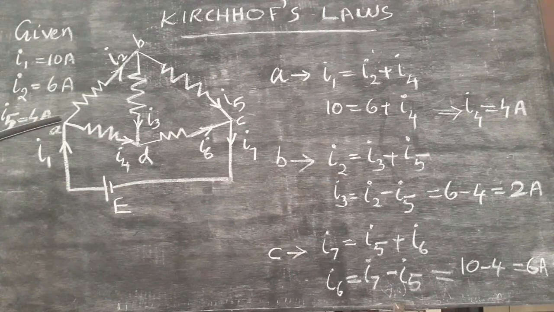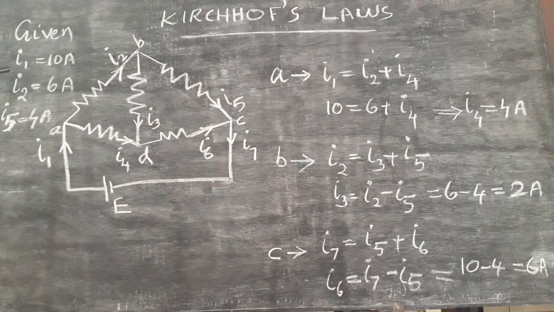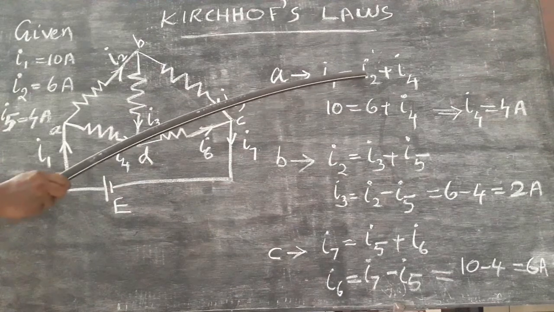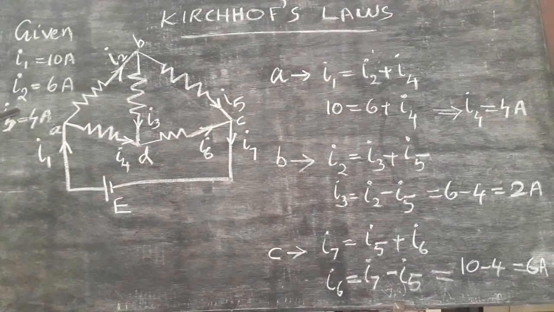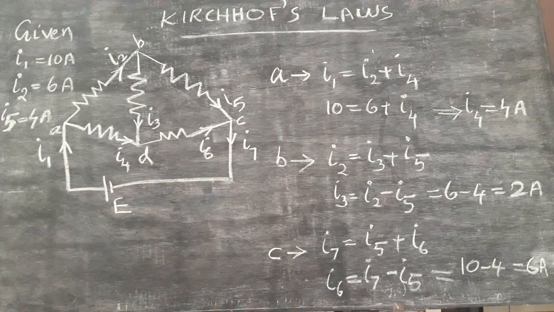Therefore, applying KCL to junction A, I1 is equal to I2 plus I4. I1 is given as 10 ampere and I2 is given as 6 ampere. Then we can calculate I4. I4 is equal to 4 ampere.